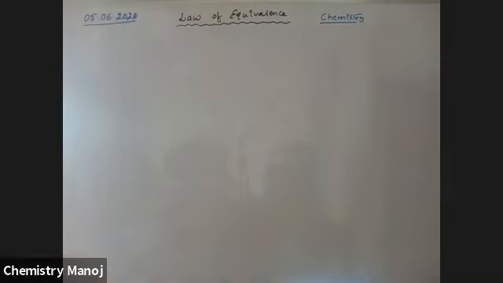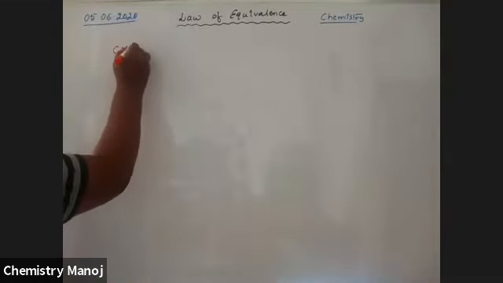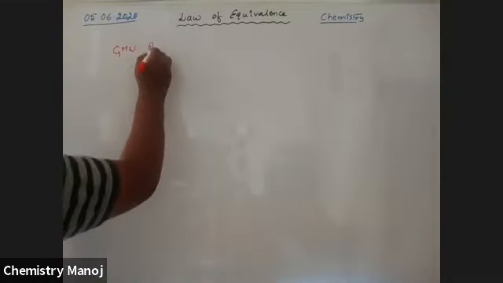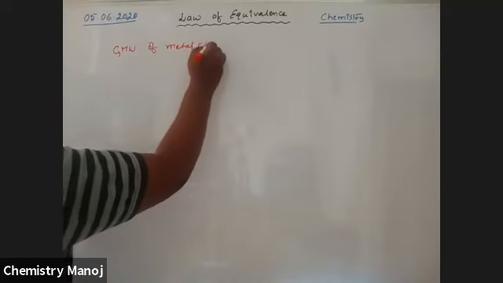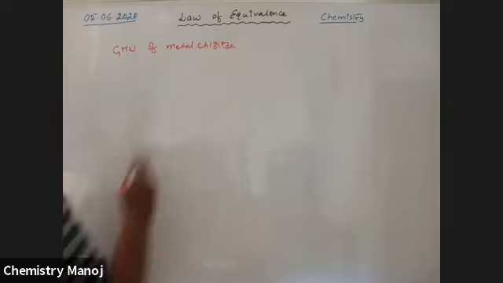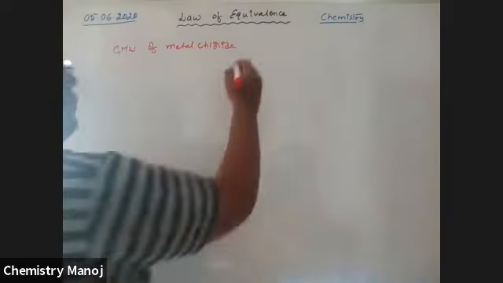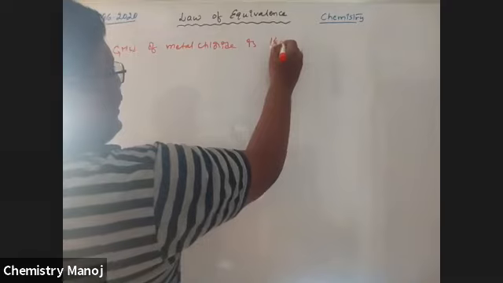Now, another problem. Gram molecular weight of metal chloride is 163.5.